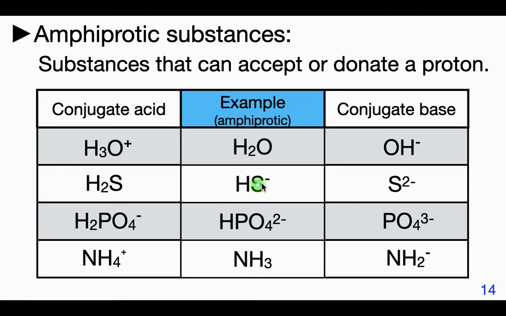So for the bisulfide ion here, when it gained a hydrogen, it also gained a positive one charge, so it no longer has a charge here. And when it lost the hydrogen, it also lost a positive one charge, so it has a -2 charge now. And so these follow that same logic.